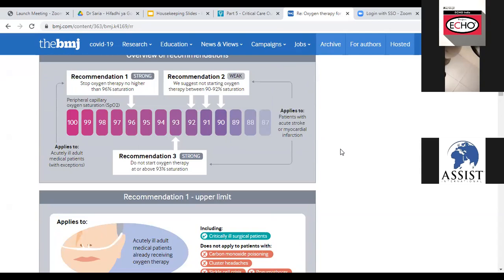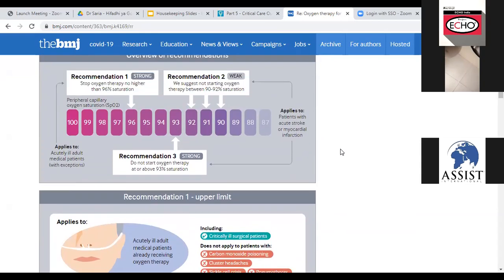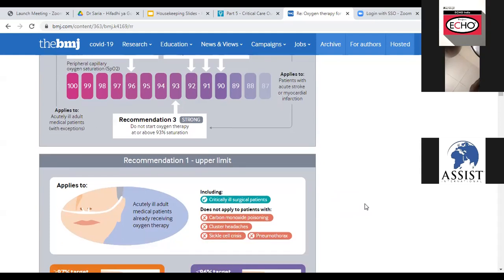So their goal target is 88 to 92. So those patients with chronic respiratory failure, you should not give oxygen if their saturation is 88 to 92. Unless it's less than 88, again, you can give oxygen.